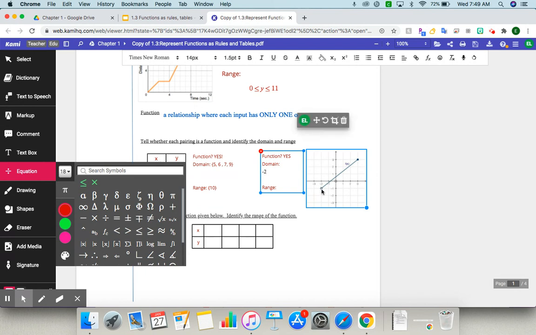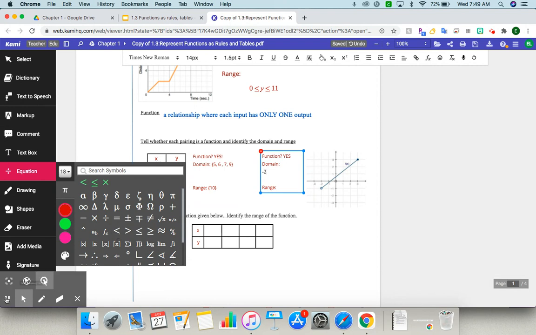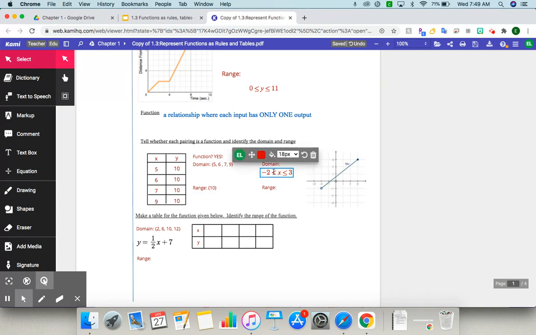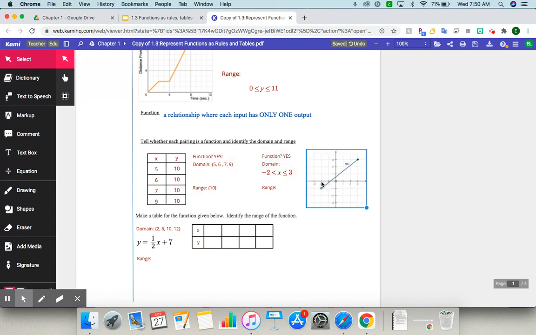However, because there is an open dot, that actually indicates that -2 is not truly included as an input. And then as we go across the x-axis, all of these x values do have outputs, and it stops when x gets to 3. So we say x is less than or equal to 3.